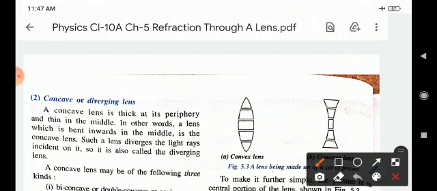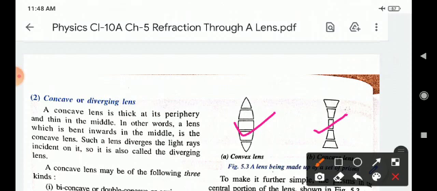Okay, next, concave or diverging lens. It is the convex lens, it is the concave lens. A concave lens is thick at the periphery and thin in the middle. In other words, a lens which is bent inwards in the middle is the concave lens.